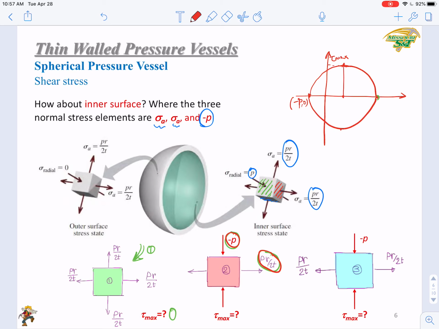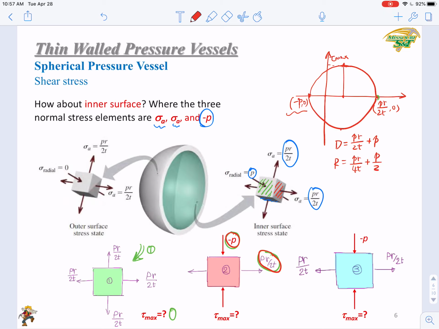Let's see what the diameter is first of all. Here is PR over 2T, 0, and here is negative P. The diameter, obviously, will be PR over 2T minus negative P, or plus P. Then how about the radius? The radius will be just d over 2, so it's PR over 4t plus p over 2.